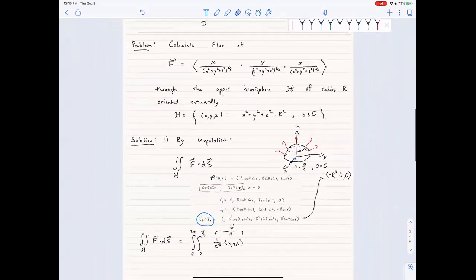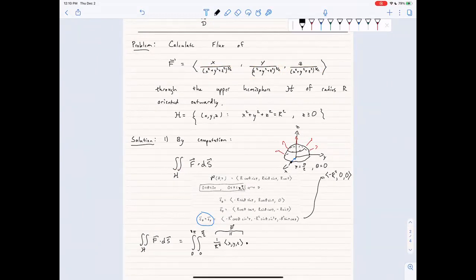Does everyone see that? The denominator here is r cubed. It's the square root of x squared plus y squared plus z squared cubed. That's r cubed in each case. And I'm on the hemisphere of radius capital R. So x squared plus y squared plus z squared is going to be r squared. So I take that out just to simplify my notation.